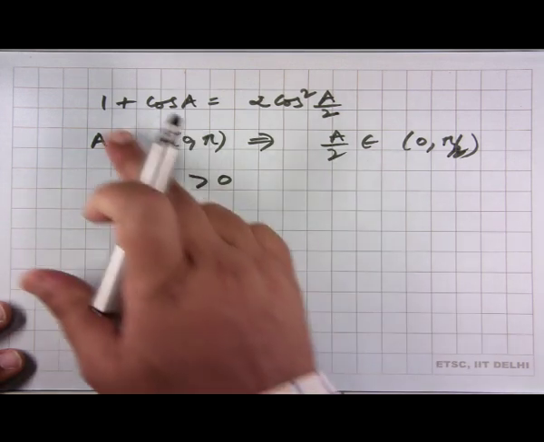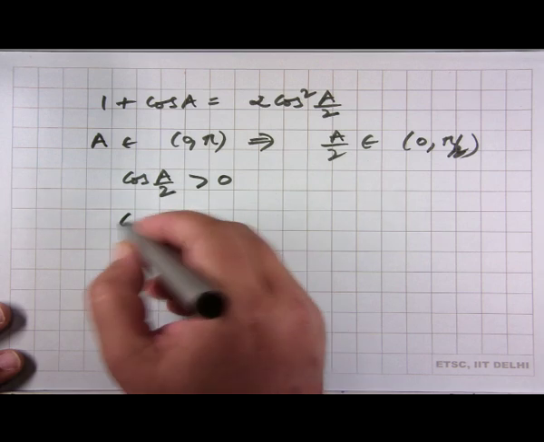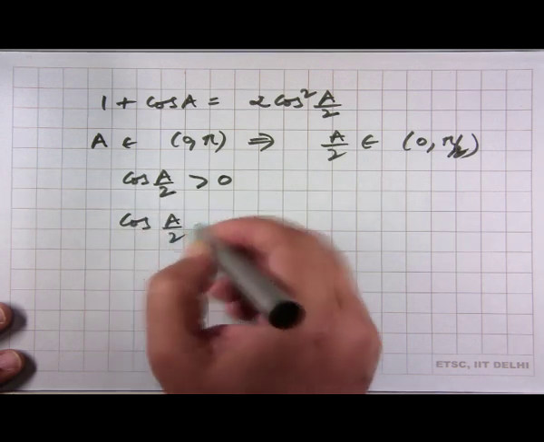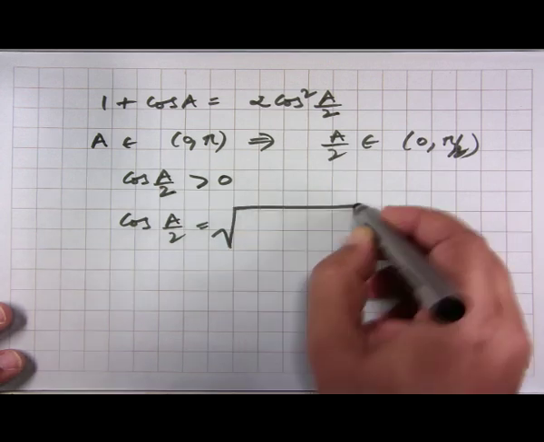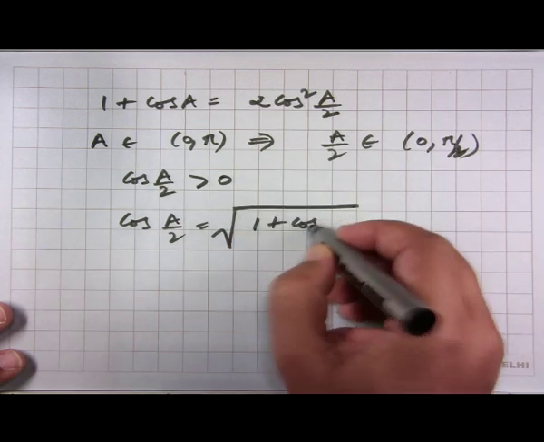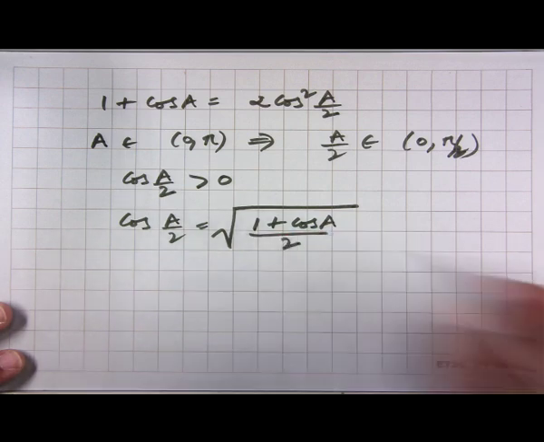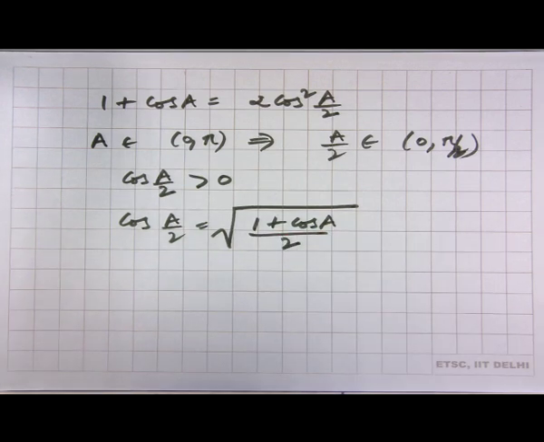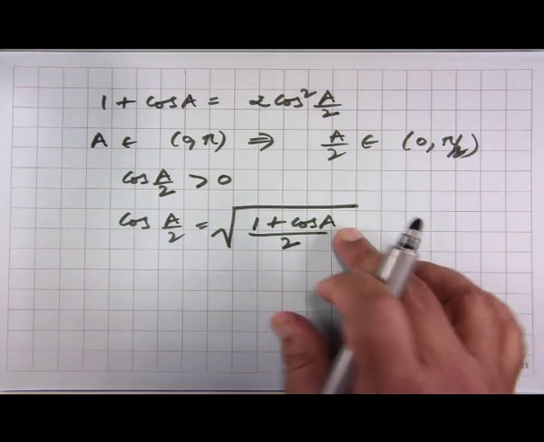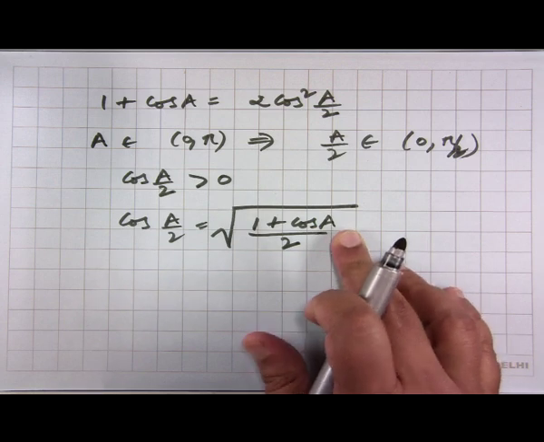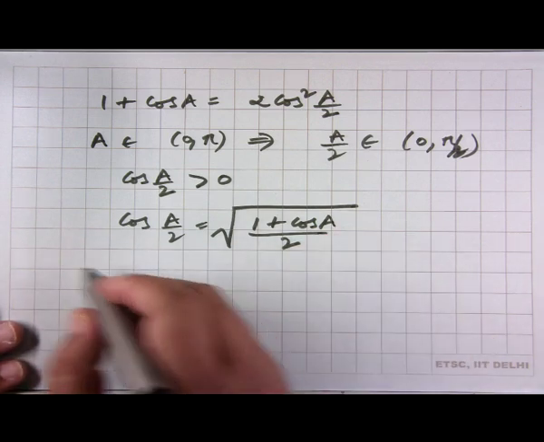Therefore, cos A by 2 is equal to the positive square root of (1 plus cos A) over 2. And here again we are going to use the cosine law.